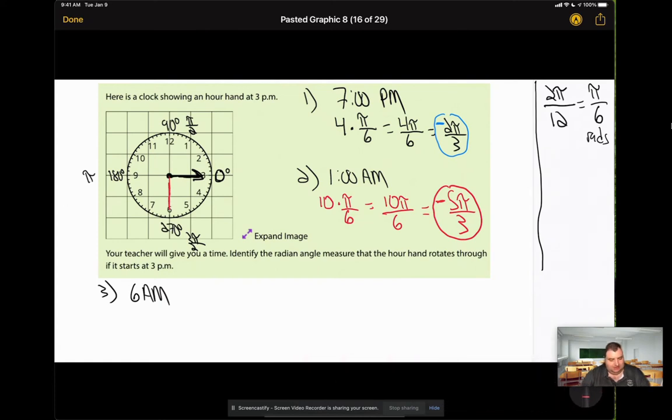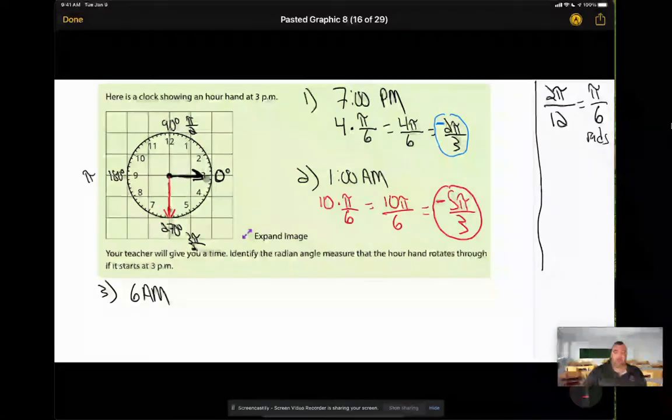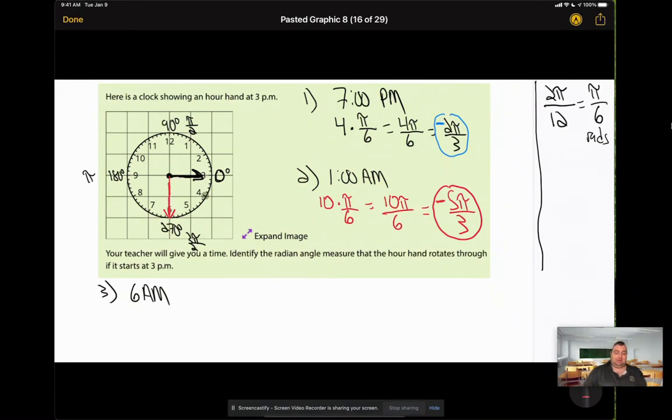So we obviously know at 6 a.m. the hour hand is pointing directly downward, but it's not moving 3 spots. From 3 p.m. to 6 p.m., it's moving 3 spots. But from 3 p.m. to 6 a.m., it's going all the way around the clock once and then 3 spots.